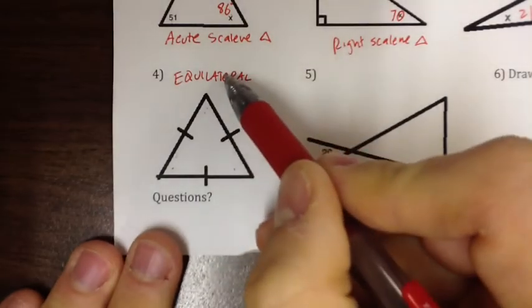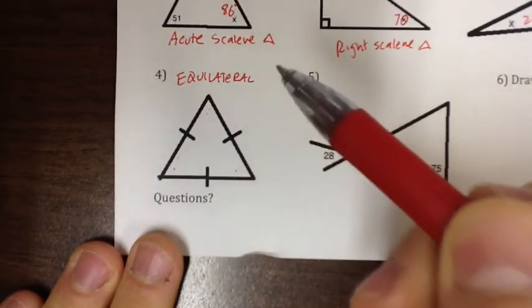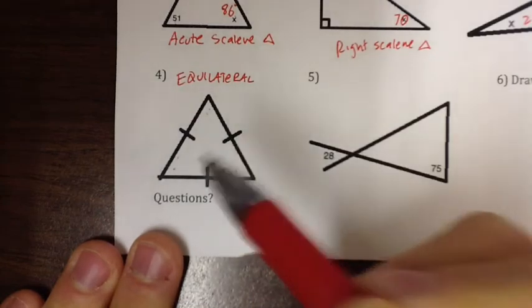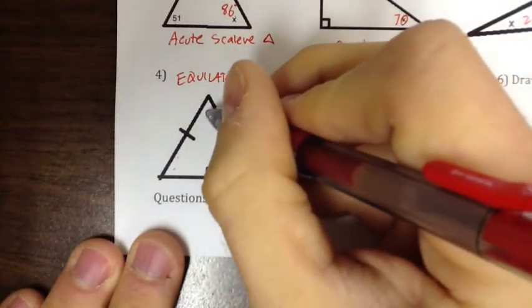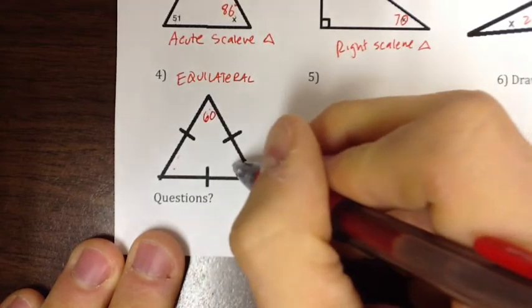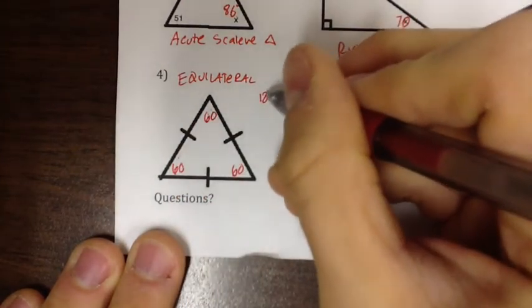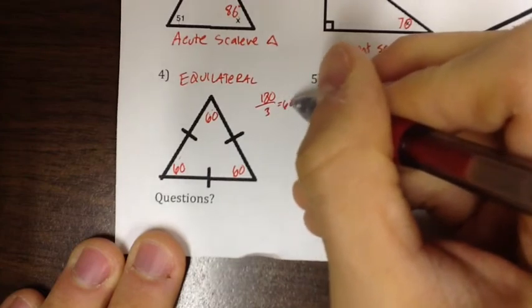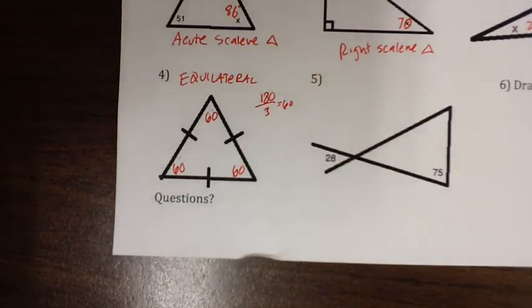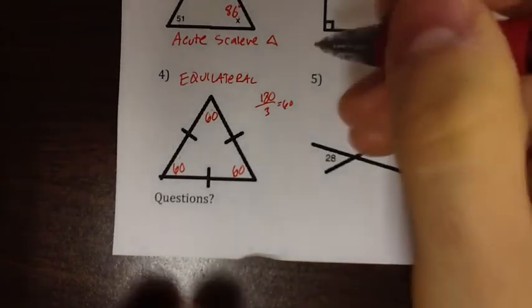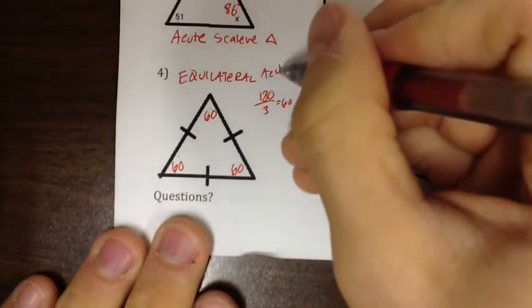And if all the sides are the same, then all the angles are the same, which means that this has to be 60, this has to be 60, and that has to be 60, because 180 divided by 3 is 60. And so this is an equilateral acute triangle.